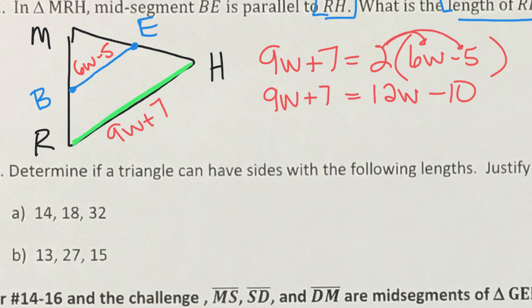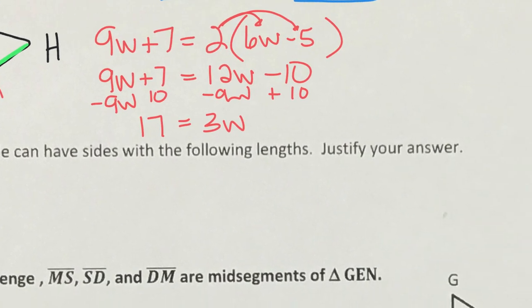I see that 12 is bigger than 9, so I'm going to move my 9W to the right side, which means I am moving my 10 to this side. And I get not a pretty number, it looks like. Yuck. But that's okay. W equals 17 divided by 3, which is 5 2/3, or 5.666666667.